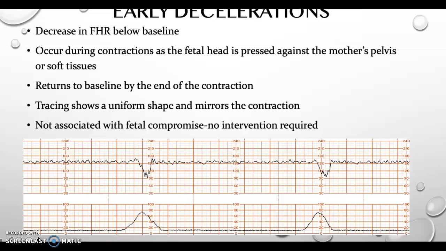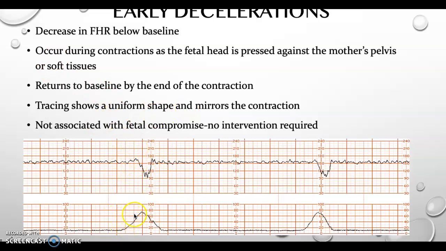So early decelerations are a good thing as well. It shows that the fetal head is down, pressing against the mother's pelvis, and it's just vagaling. So it's cutting off that fetal heart rate just for a minute. The baby vagals, drops its heart rate, and then returns to baseline at the end of the contraction. So you can see almost a uniform shape.